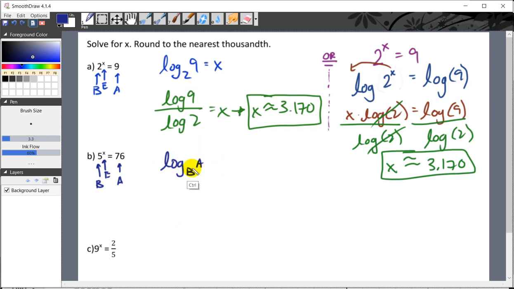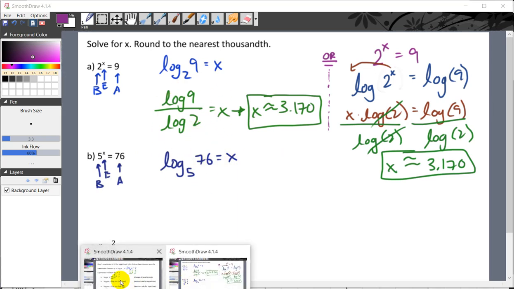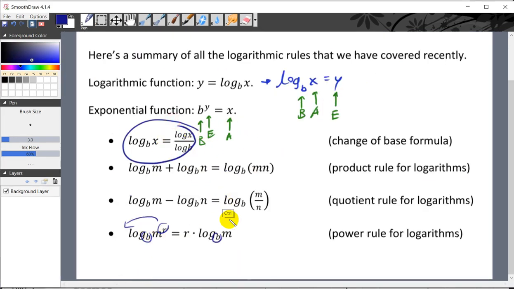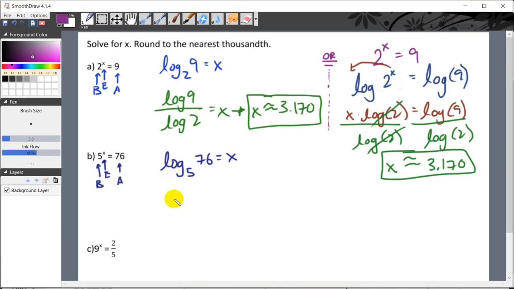In this case, our base is 5, our answer is 76, and our exponent is x. If we use the change of base formula, we have log 76 divided by log 5.